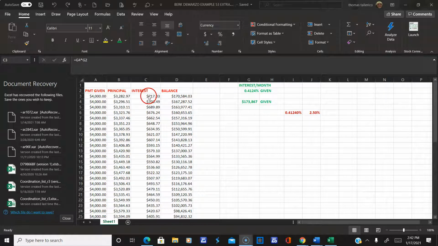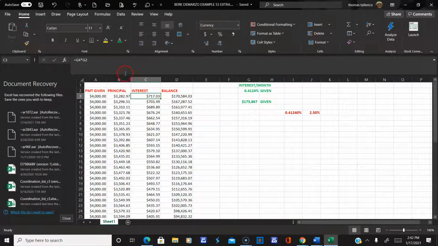So I'm going to click on here, and you can see I wrote G4 times G2, and all that is I'm paying interest the first month on my total balance here of 173,867. So if you multiply these two, you're going to get this, right? 717. Now, if that's interest, and this was my payment, the difference, as you can see, I just subtract here, is the principal.